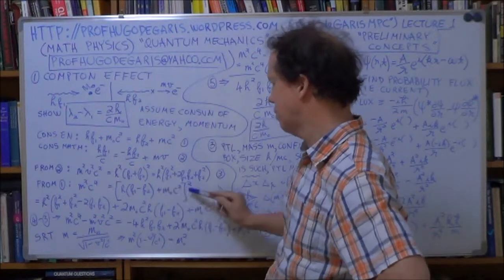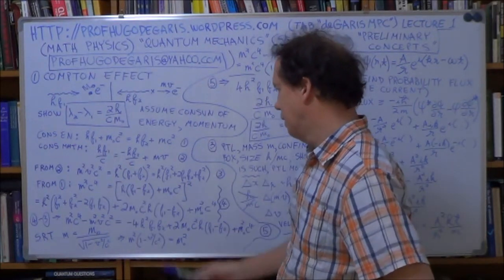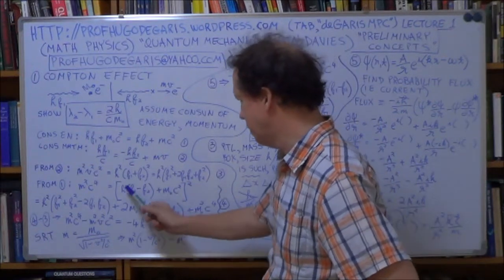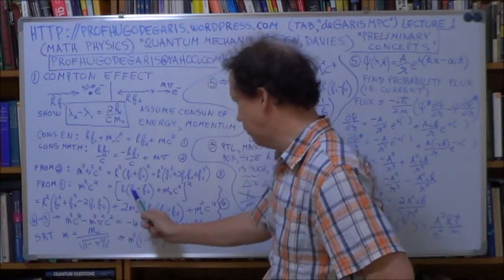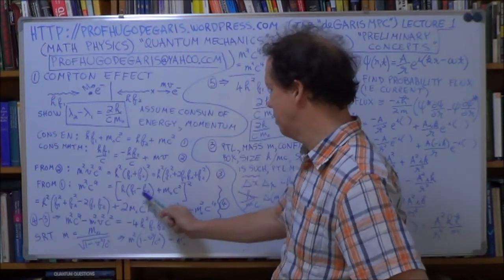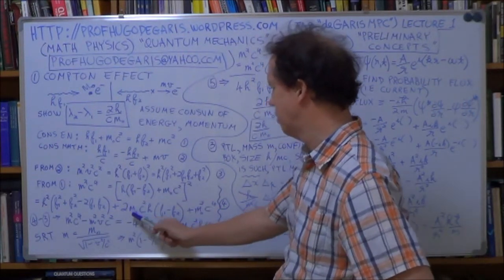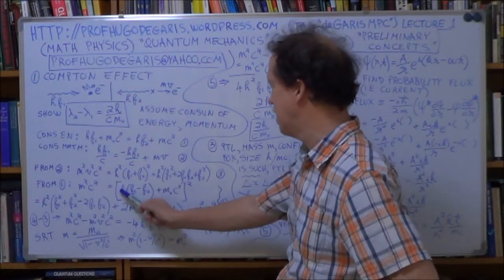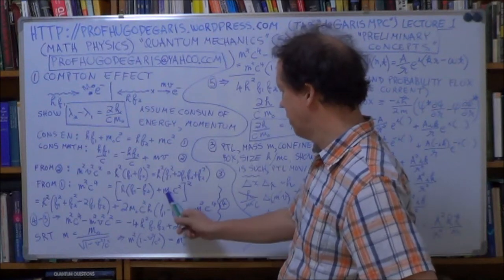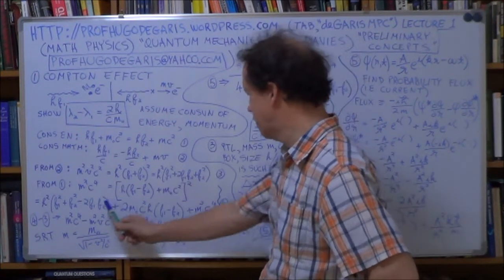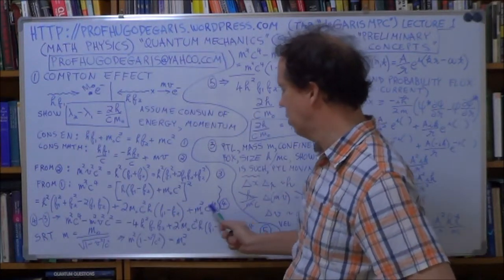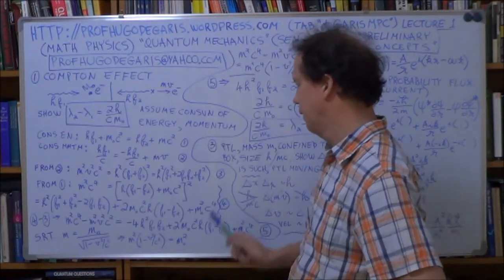This whole thing is squared because you squared that. Now we'll expand this out. You just take the square of it, so you get h squared f1 minus f2 all squared, which gives you this. You'll get 2 times this, so 2 m naught c squared h f1 minus f2, and then this all squared, so m naught squared c to the 4th, right? That's just algebra. That equation we will use again, so call it equation 4.